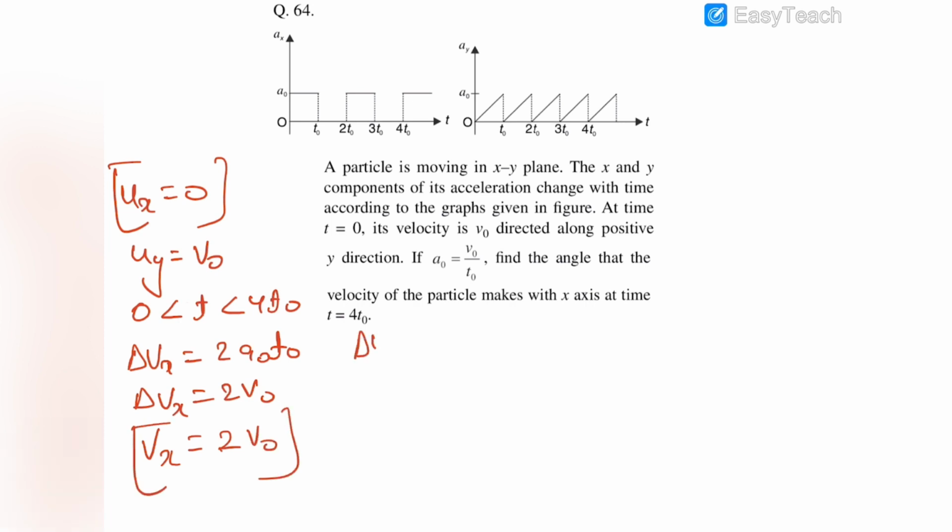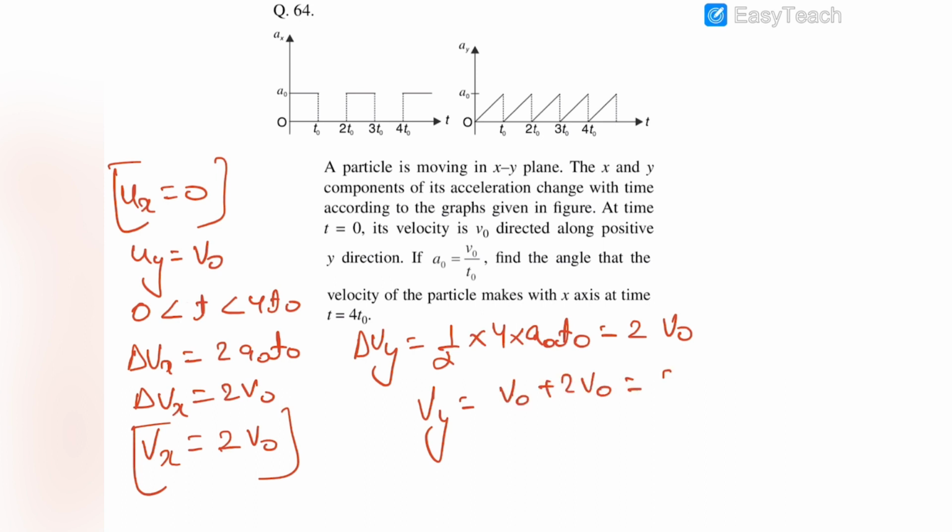Now delta Vy is also the area of this graph till 4 t naught, and you can see that these are 4 triangles. So area would be half into 4 into a naught t naught, which is again 2 v naught. But we know that initial velocity was v naught in y direction, so final velocity will be the sum of initial velocity and change in velocity.